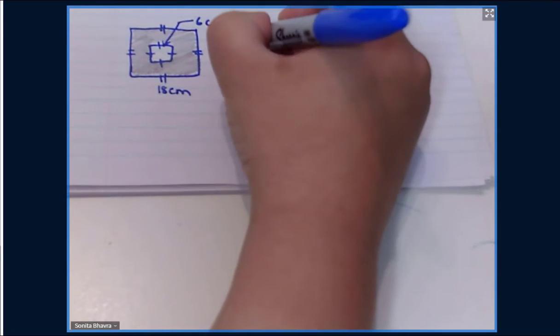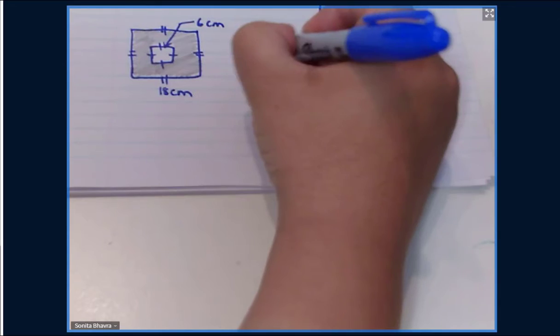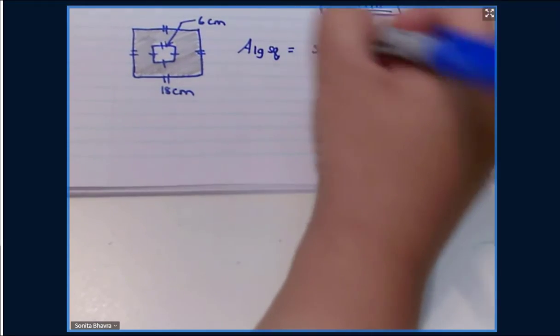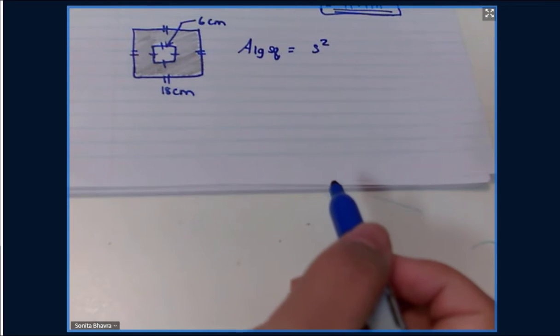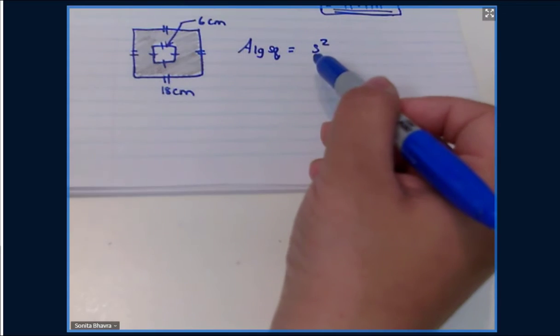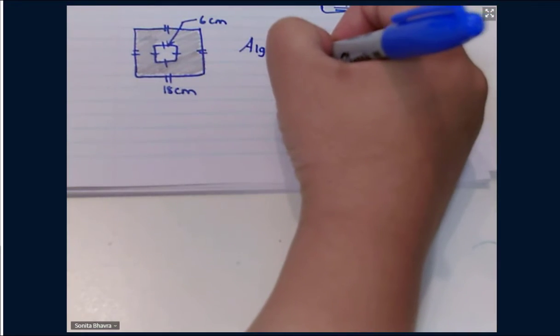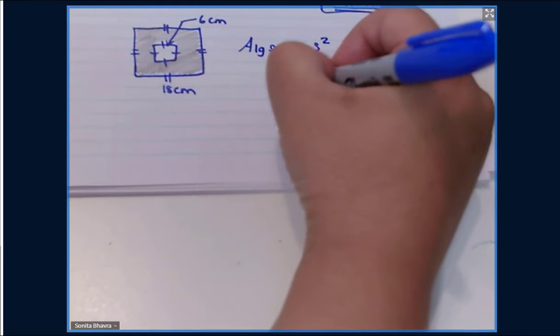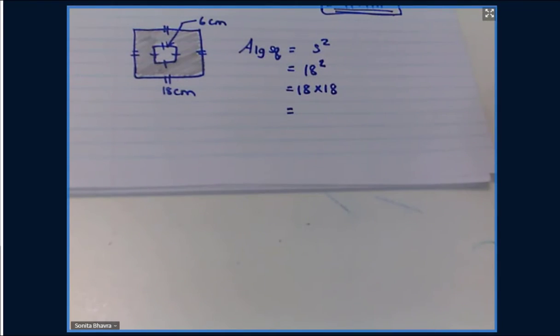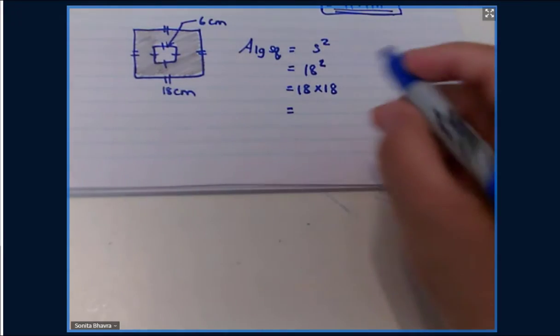So let's start with our area of the large square. We'll call it area large square, which is side squared, meaning side times side. So the area of the large square is going to be 18 squared, which is 18 times 18. That is equal to 324 centimeters squared.